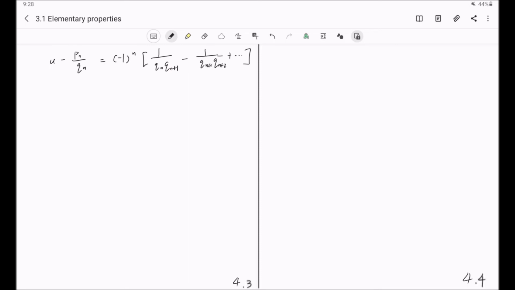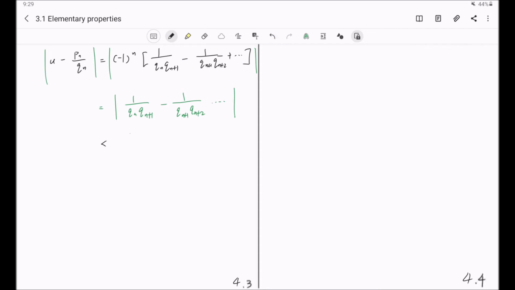And now you take the absolute value of both sides. When you take the absolute value, you get the right hand side is just 1 over q sub n times q sub n plus 1 minus 1 over q sub n plus 1 times q sub n plus 2, etc. And because those q sub n's are increasing, this telescoping sum is actually bounded by its first term, the biggest term.